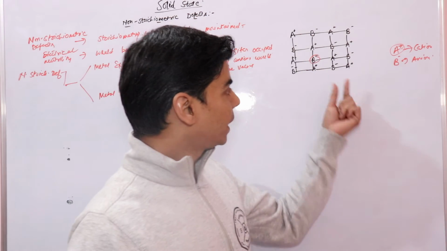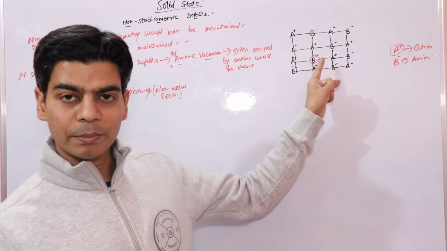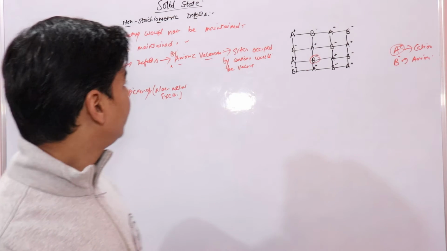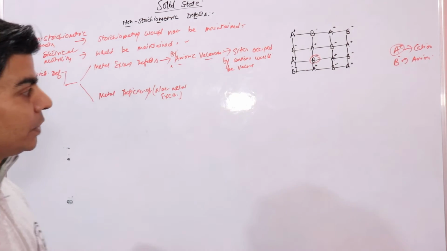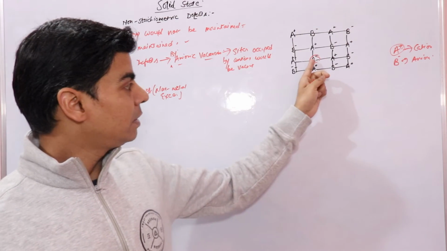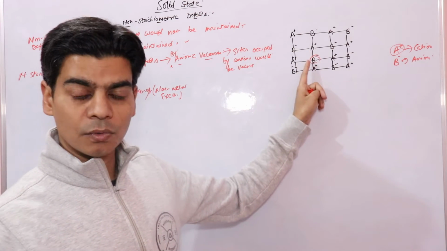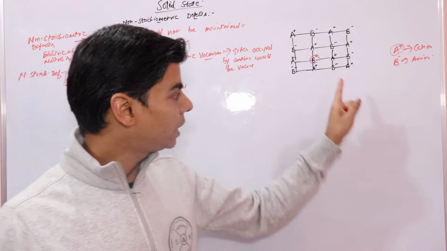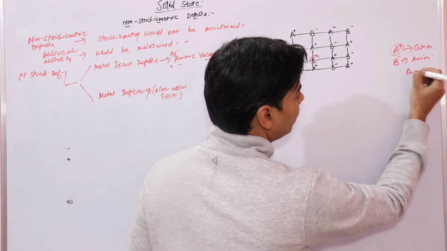Now let's see what happens when this anion would be missing from its lattice site. It's a negative ion, it has a negative charge, and we said here that electrical neutrality would be maintained. If B minus, this anion, is missing, then to maintain electrical neutrality, this site would be occupied by a particle that has negative charge, so that it can maintain the electrical neutrality of this compound, which is represented by AB here.